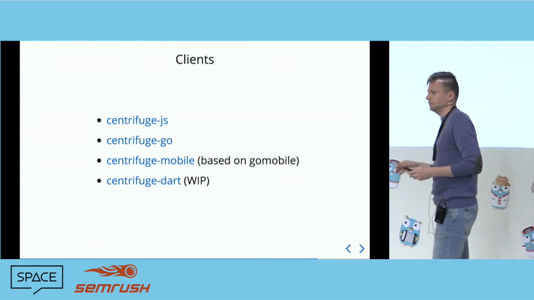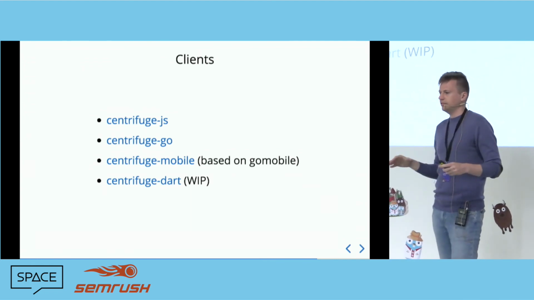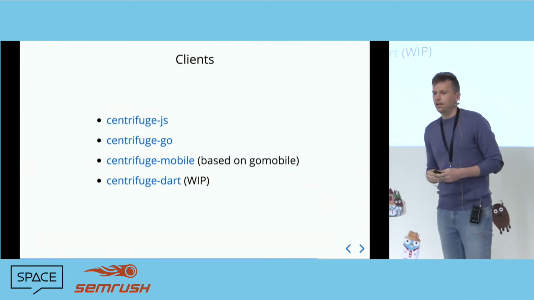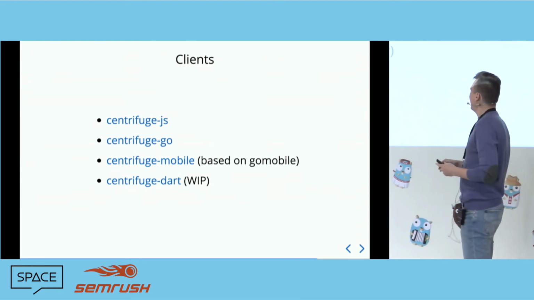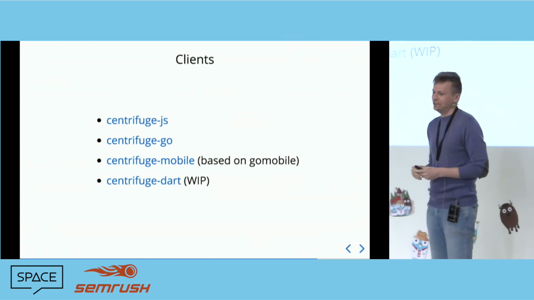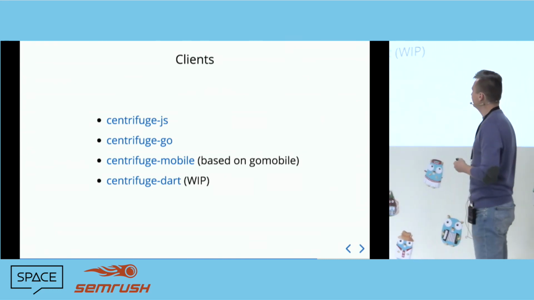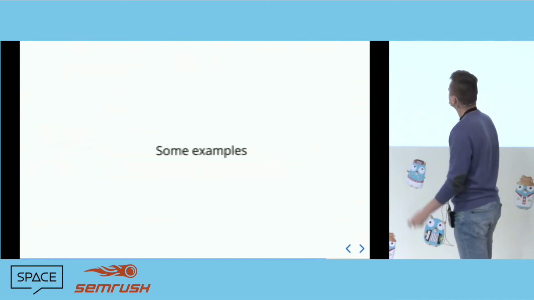Centrifuge-mobile is based on centrifuge-go and the gomobile project and provides bindings for iOS and Android app development. And centrifuge-dart for the Dart language and Flutter ecosystem. It's a work in progress, but already works in some ways.